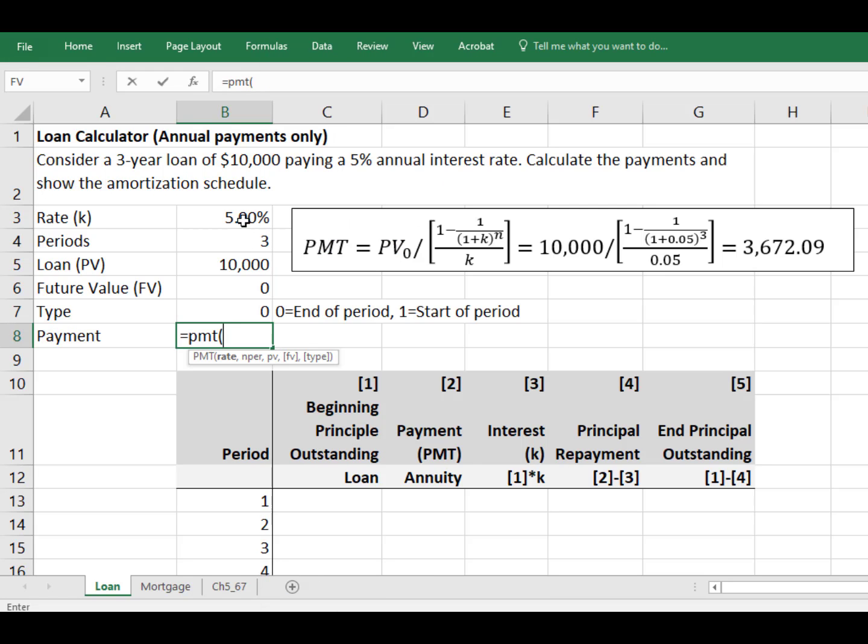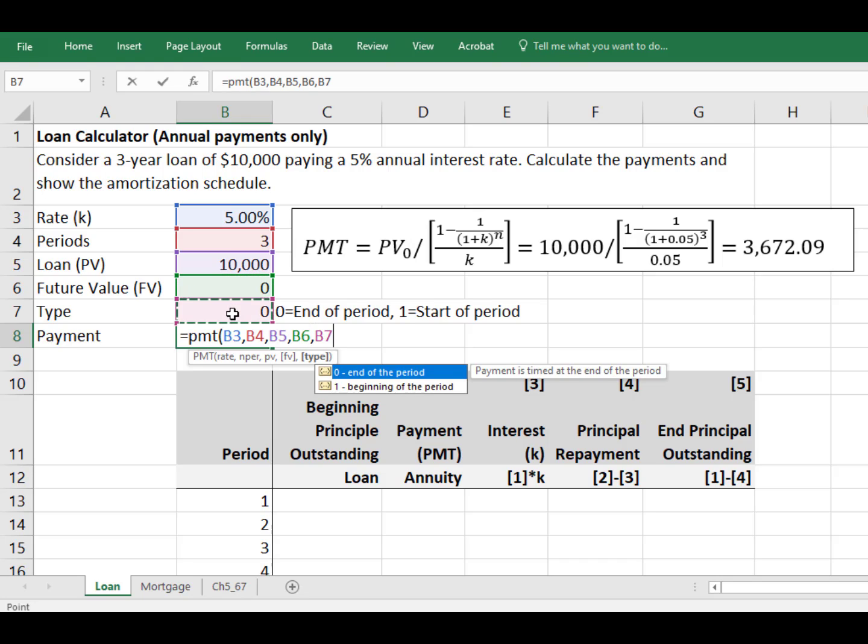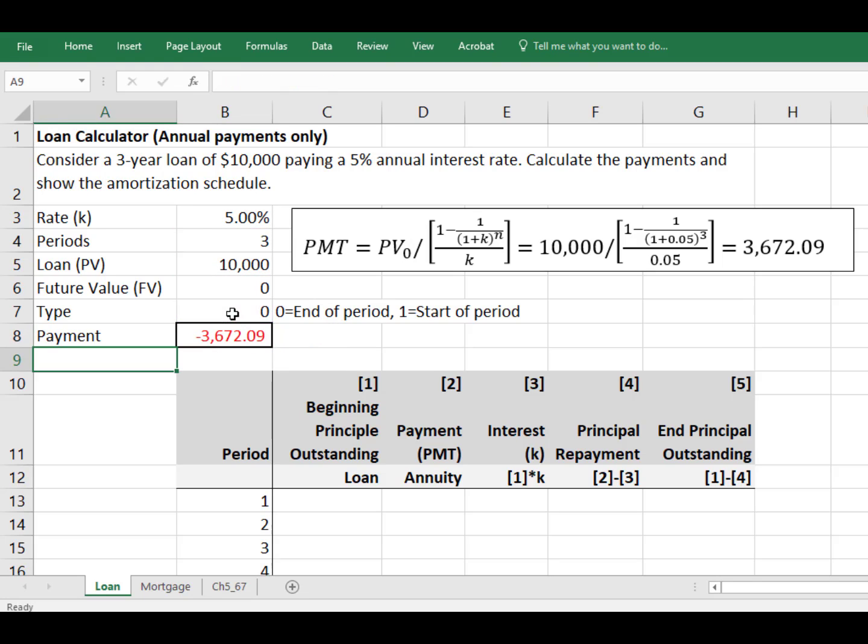So payment is going to be the interest rate, the number of periods or payments, the value of the loan today, the future value, and the type, which is end of period payments. Hit enter, and you can see that the payment is going to be $3,672. I had already put in the annuity formula here showing that payment. You can see that it is indeed $3,672.